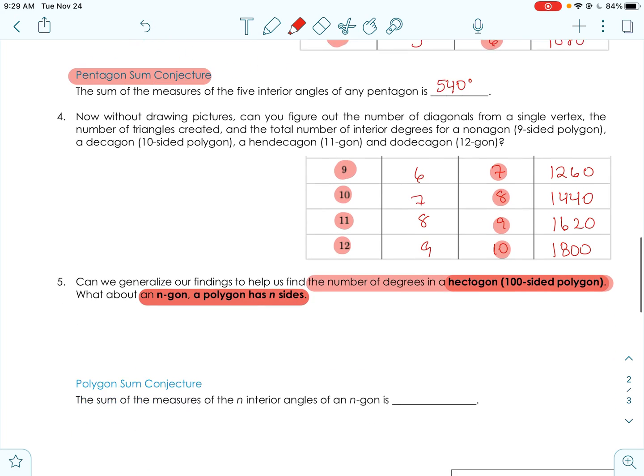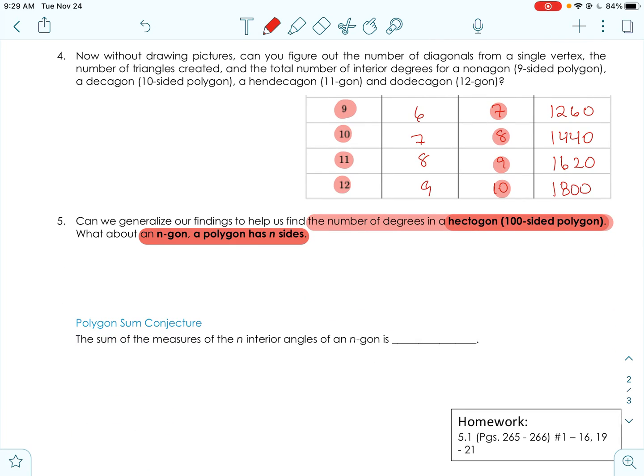That relationship that you should notice is that for an n-gon, the number of triangles created, which is represented by the letter T, is equal to the number of sides minus 2.